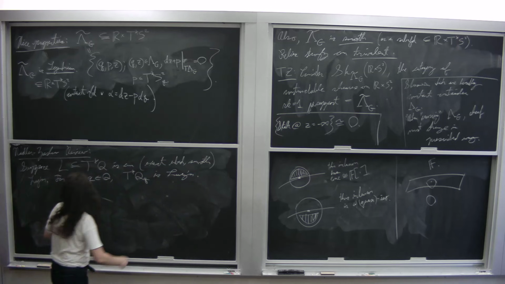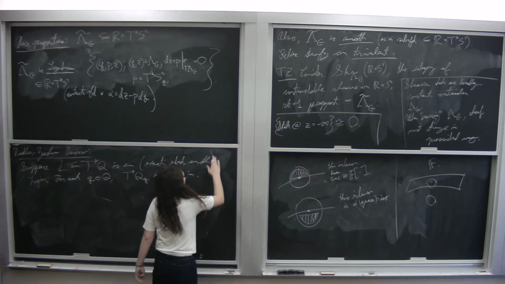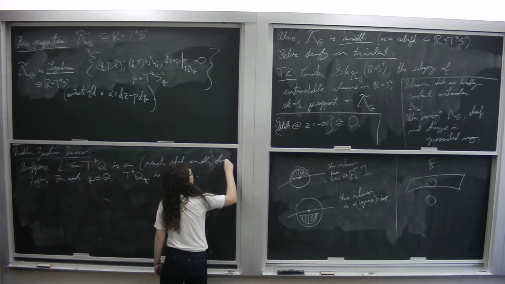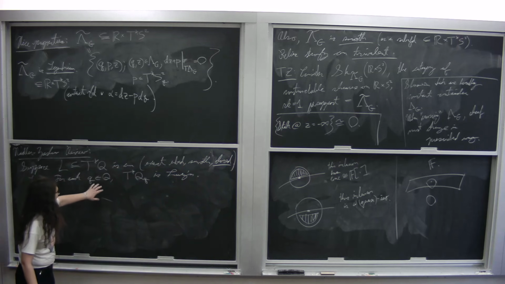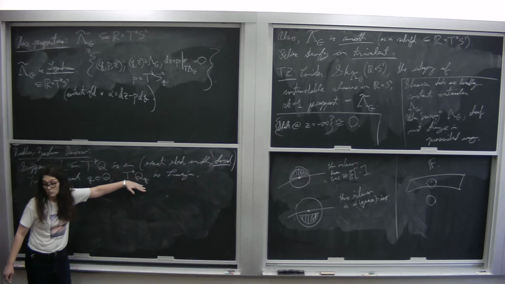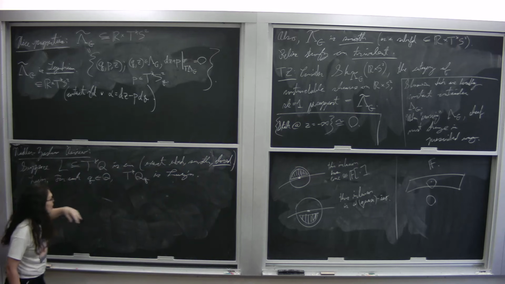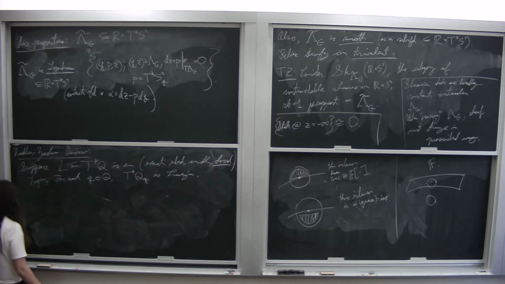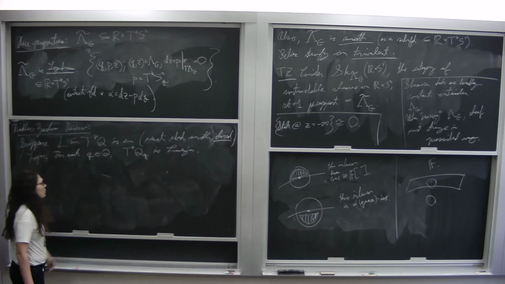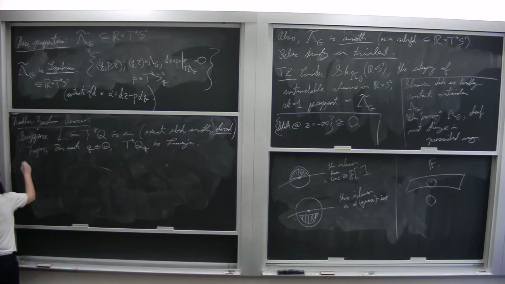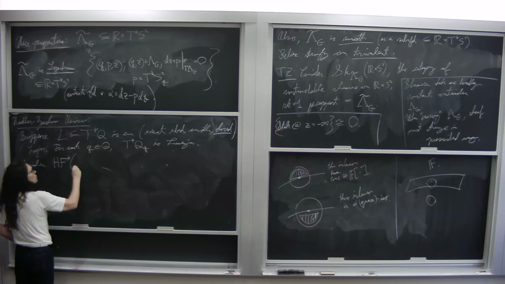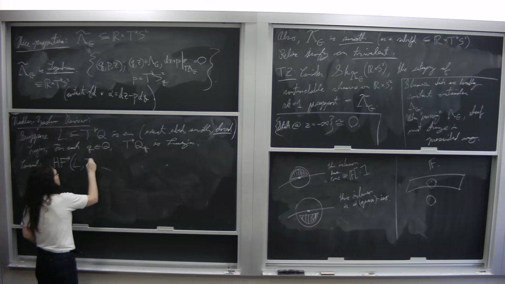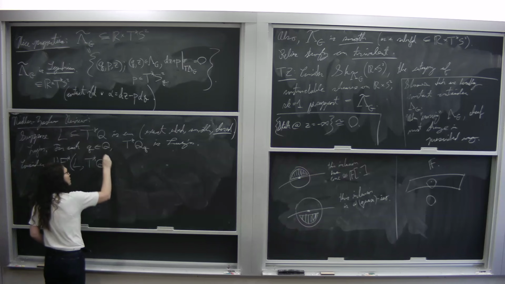Sorry, maybe I should say, I'm going to suppose that L is a closed Lagrangian, importantly, and so these fibers are not closed Lagrangians, of course. But what I can do is consider the Floer homology between L and T star Q at Q.